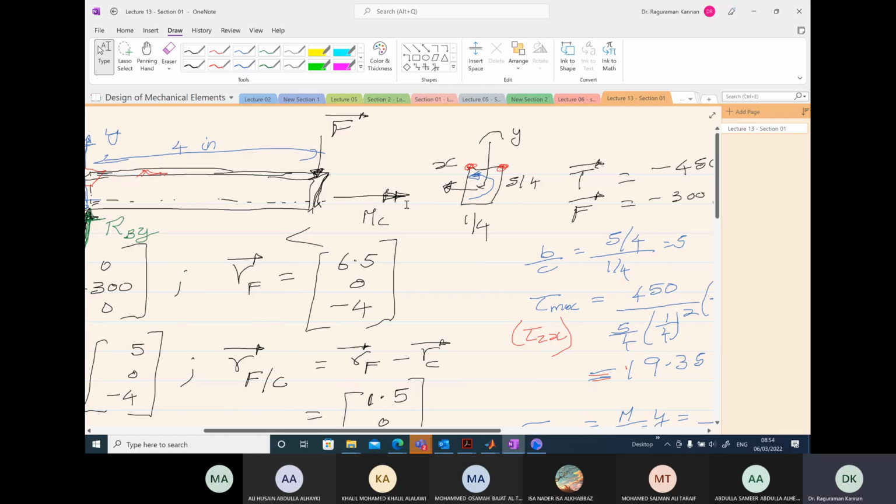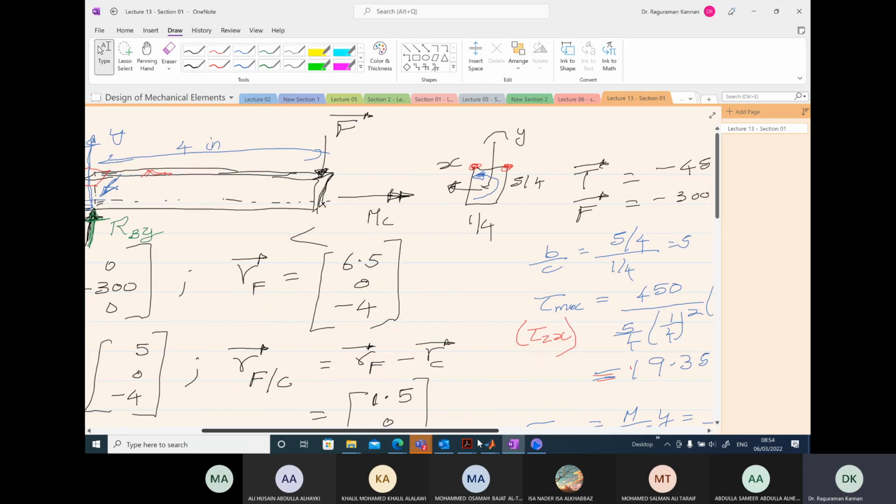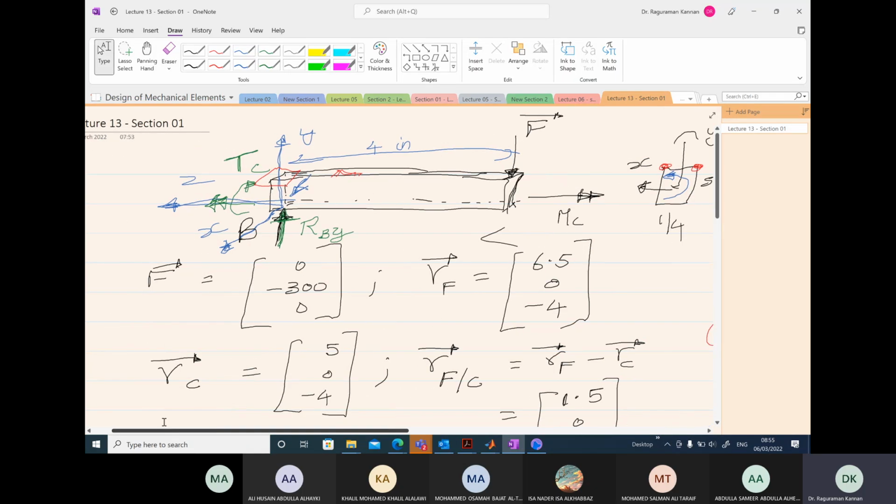And when I apply a torque using the right-hand rule, right at this point you can see the direction on this plane. It is in the direction here, which means on this plane, in this direction.